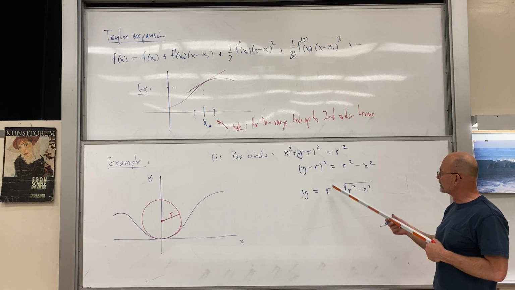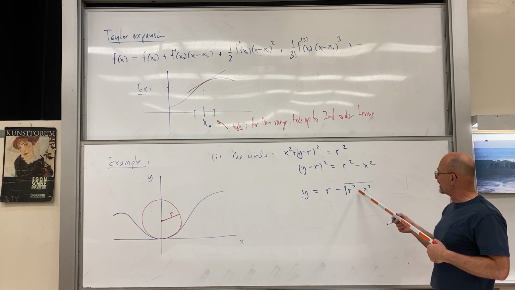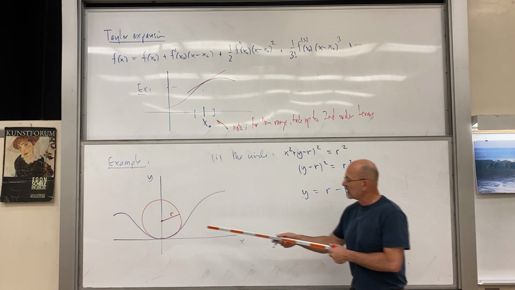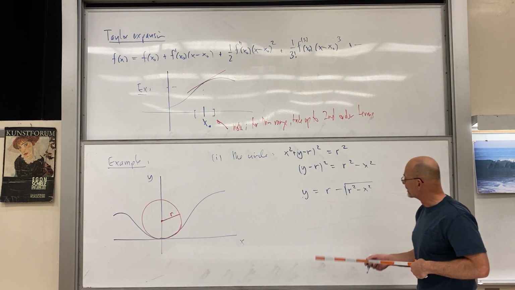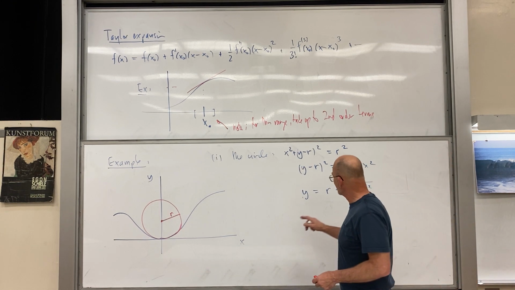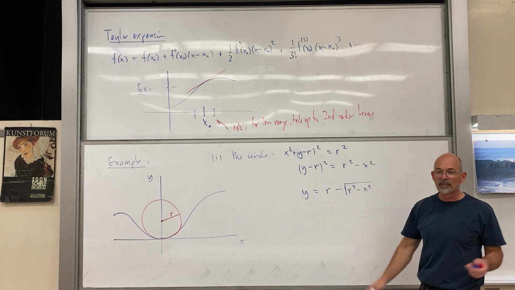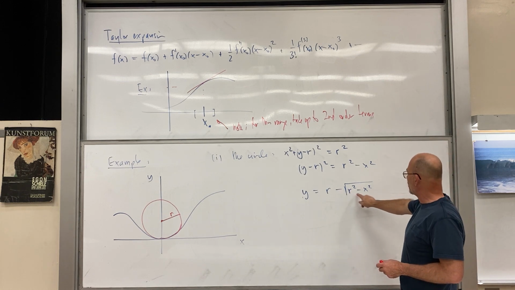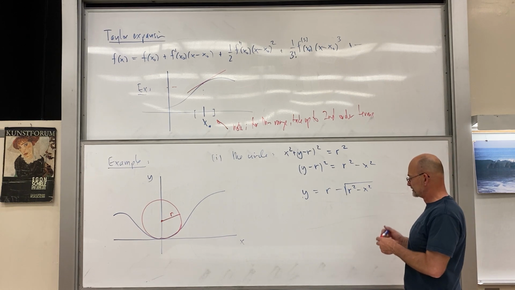So that's our function. We took the minus sign here. When x is equal to 0, y is equal to 0. Okay, so that's the lower half of that circle. The plus sign here in the square root would have been the upper half. Okay, so y is equal to r minus root r squared minus x squared.